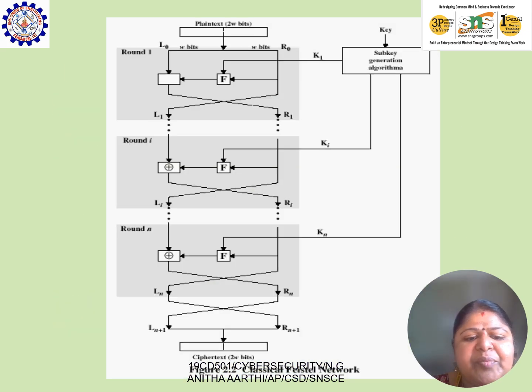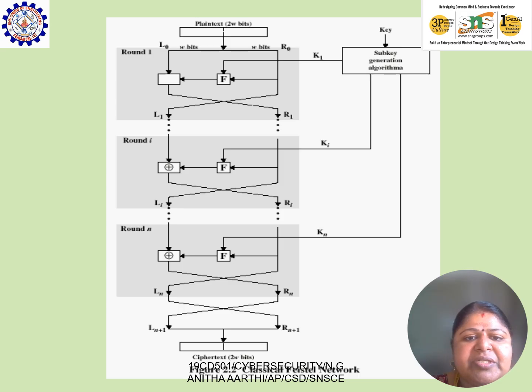So this is the block diagram of the classical Feistel network. Here we can see the blocks given as round 1 to round n. In each round, we have the plain text, which is processed with the function F and the key.